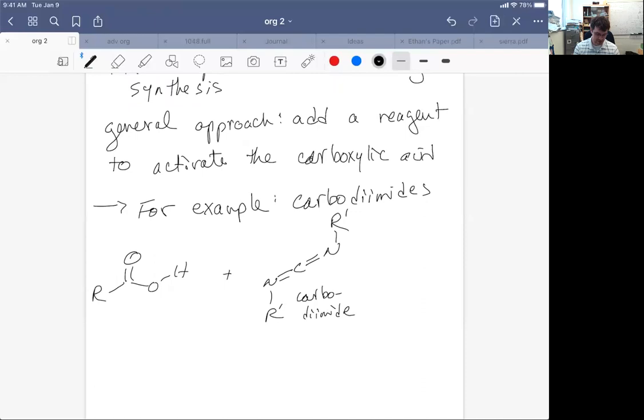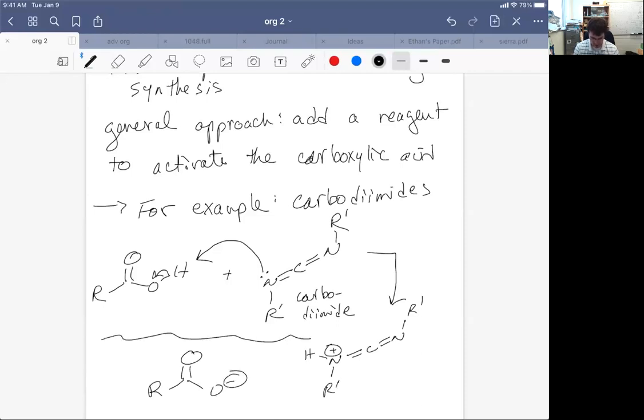But what this does is we first of all react this with a carboxylic acid through an acid-base reaction to get a carboxylate plus a protonated carbodiimide.